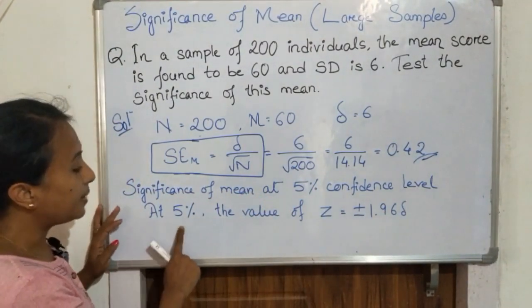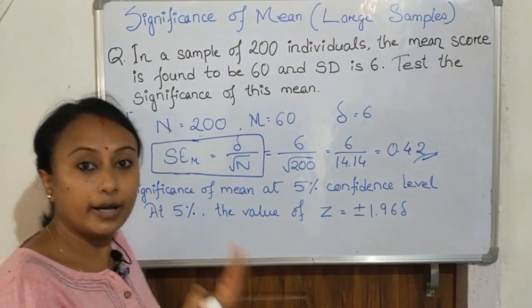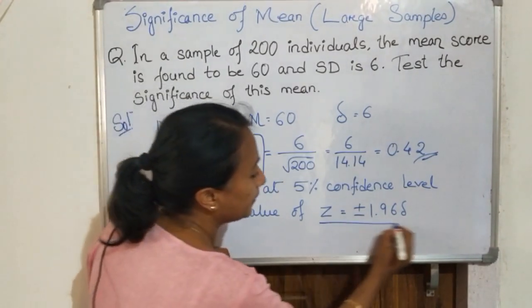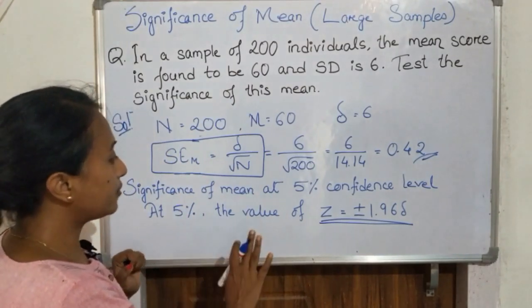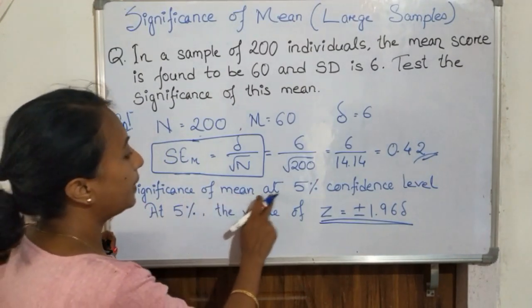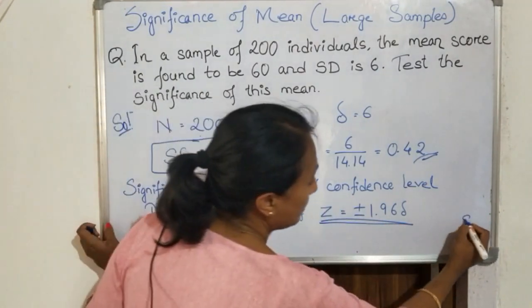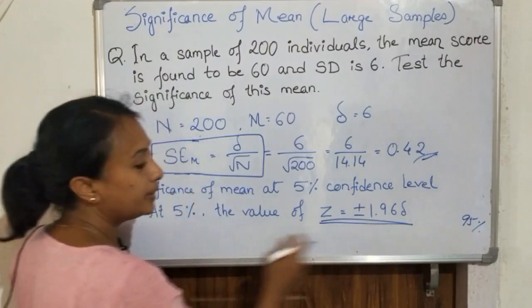Now at 5% the value of Z is this. In the previous video we understood how Z comes to be this, so at 95% the value of Z will be this.